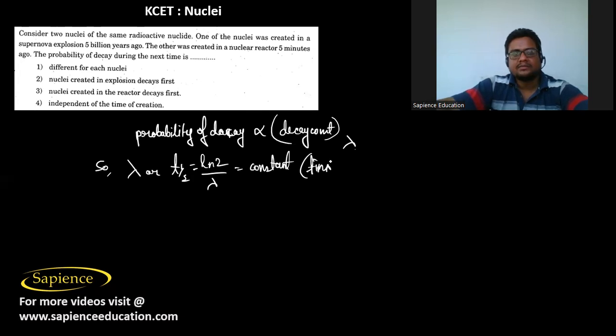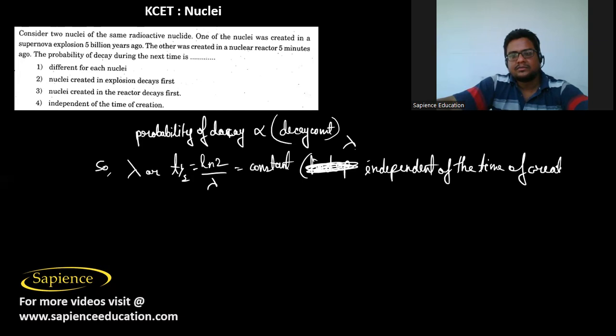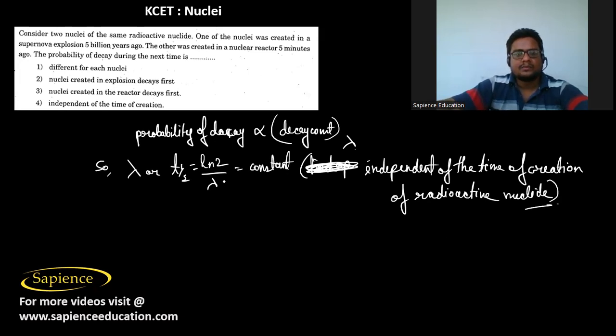It is independent of the time of creation of the radioactive nuclide. So the probability of decay is also independent of the time of creation of the radioactive nuclide. So option 4 is the correct answer.